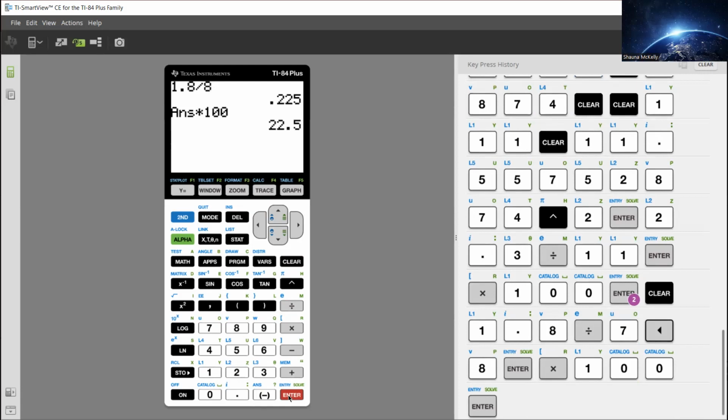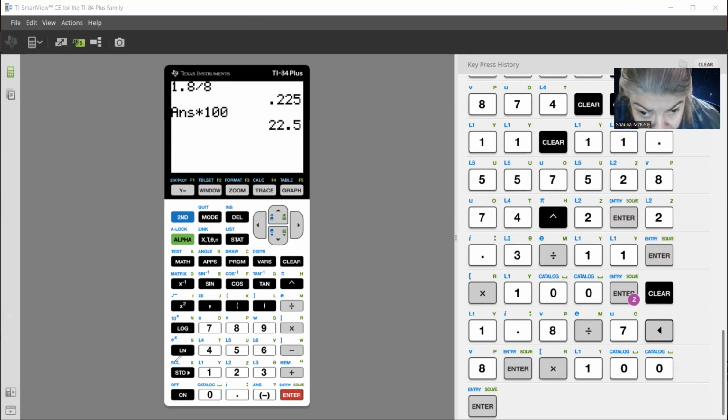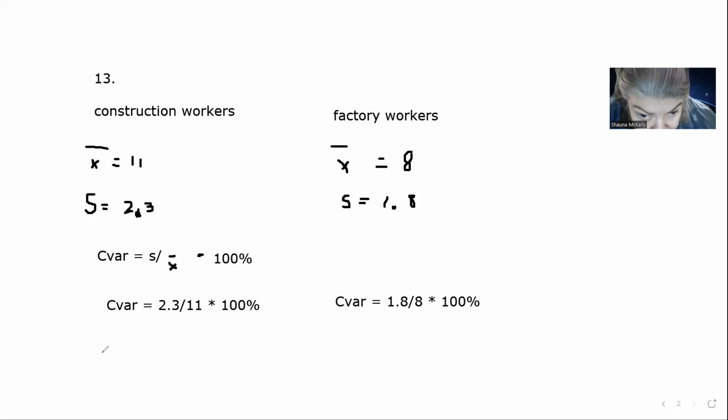So if we go back to the whiteboard one more time, this calculation on the left comes out to C var is equal to 20.91%.